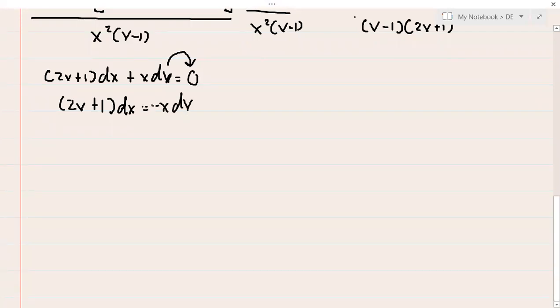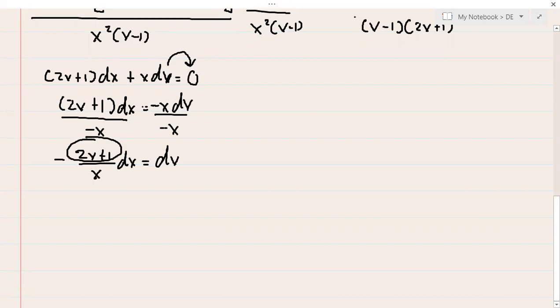So para partner ko si negative x kay dx, I'll divide both sides by negative x. So mangyari dyan, we will have negative quantity 2v plus 1 all over x times dx is equal to dv. Then, para ilagay ko tong si function of v or 2v plus 1 to be particular kay dv, I will multiply both sides by 1 all over 2v plus 1.